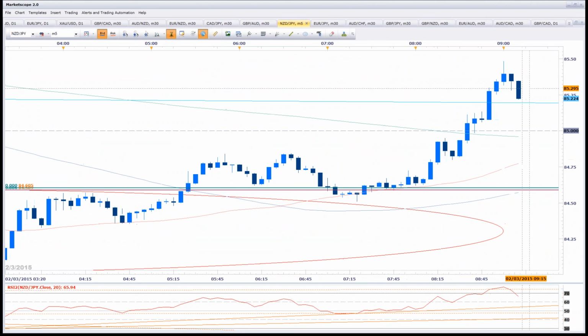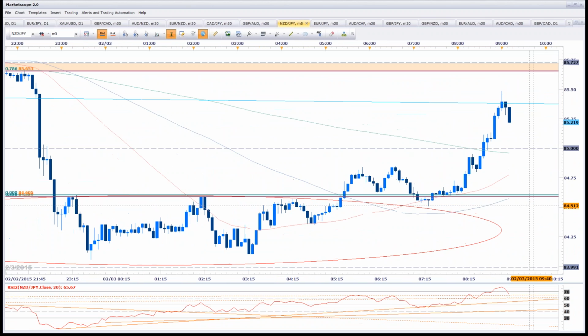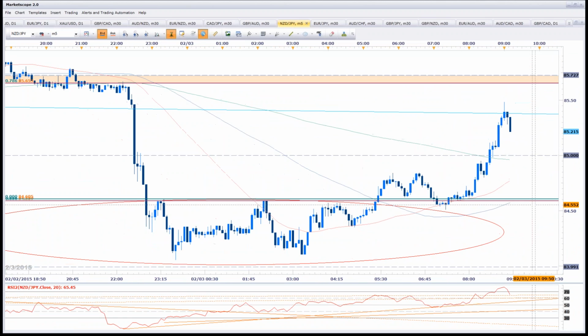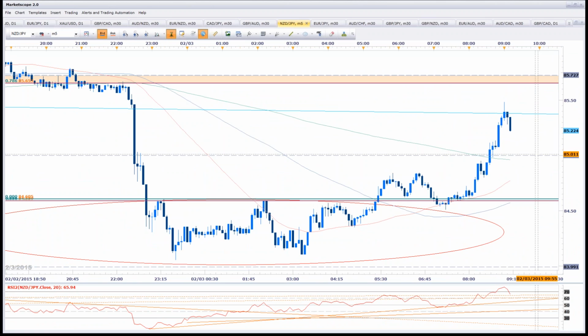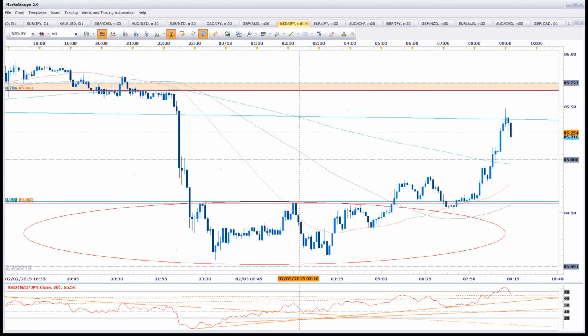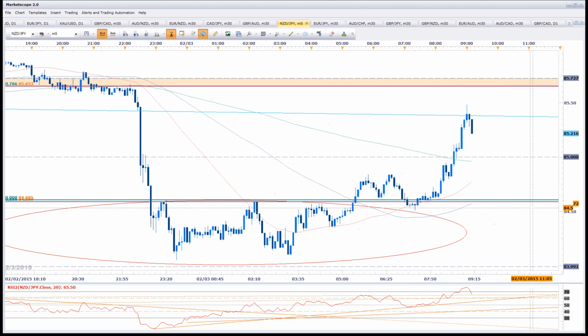Yeah, so shorts right now, if you take any short exposure right now, it would be against 47. Your initial downside target would have to be 85. So it's a little too tight for me, but it does look like you get a little bit of a correction to the downside here. It might be worth a press into 85. If not 85, maybe the 84.80 level, which is going to be those highs that you stretched into in early Asia Pac.